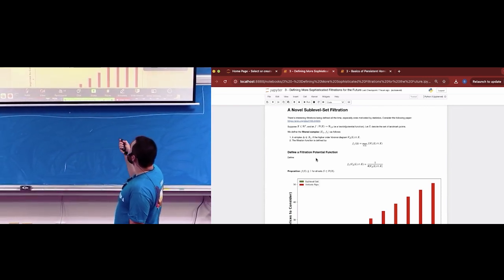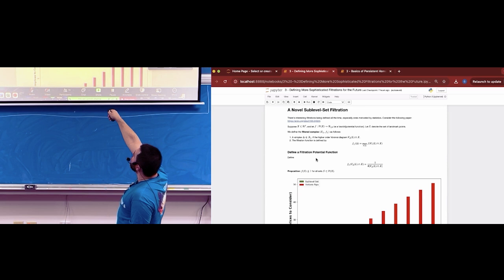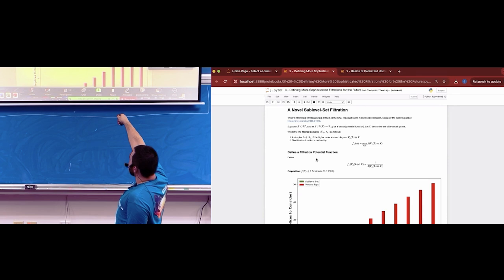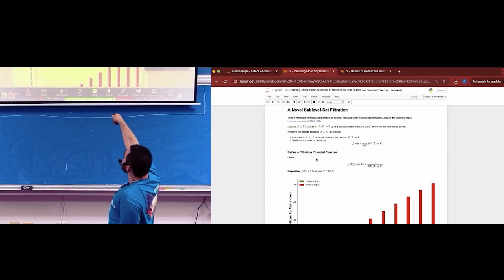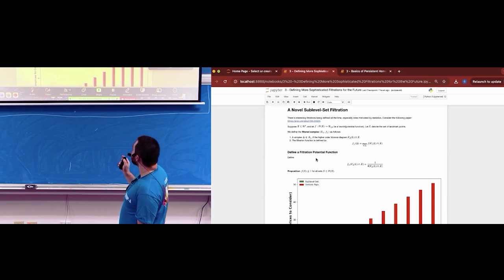I then take some landmark points and I define the filtered complex on those landmark points by taking intersections of the Voronoi cells with x, my data set, and then I define the filtration by taking the maximum value of some function over this.